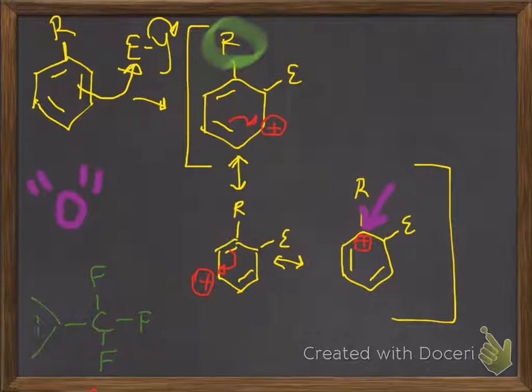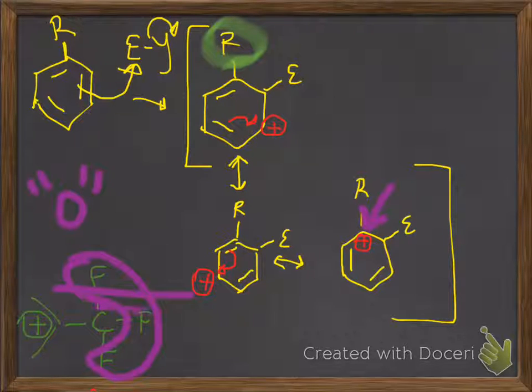I don't have enough room to draw all of it. But see, there's the carbocation. Now, the problem is this carbon does not have electron density to help donate to that carbocation. It's electron deficient. The reason why it's electron deficient is because we have these three fluorines that are so electronegative that they're pulling all of the electron density towards the other side. So it actually destabilizes that carbocation.